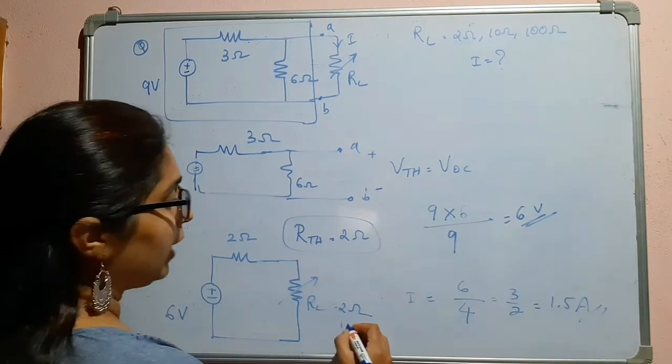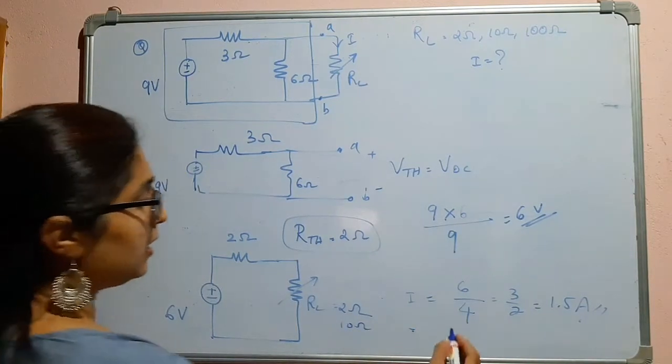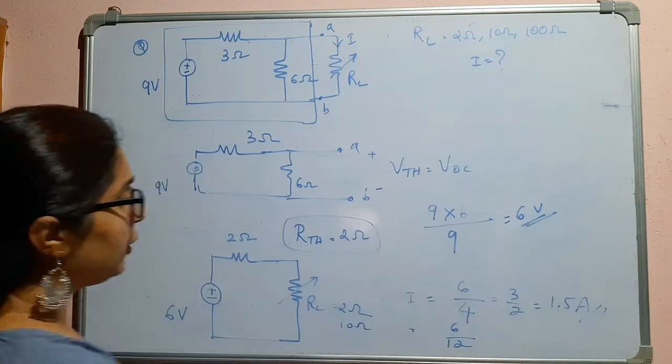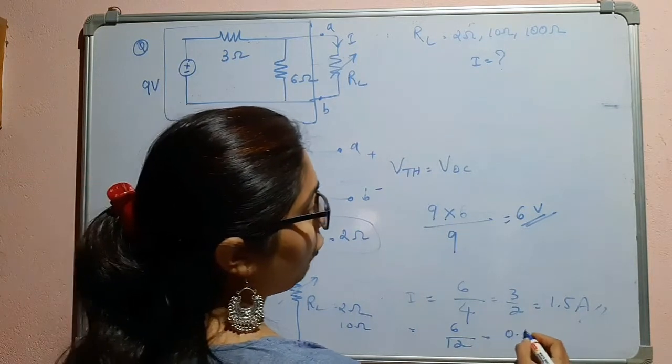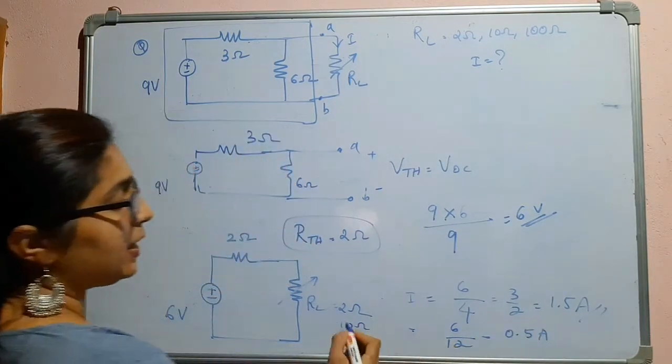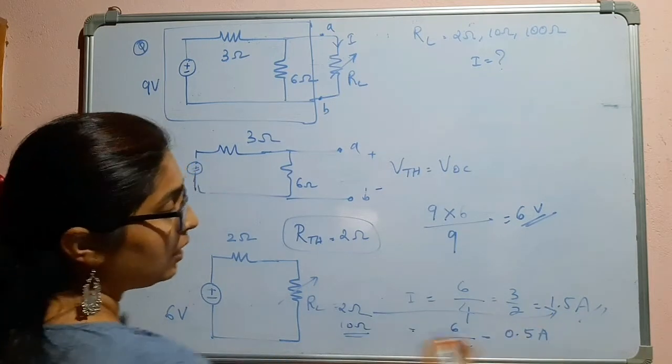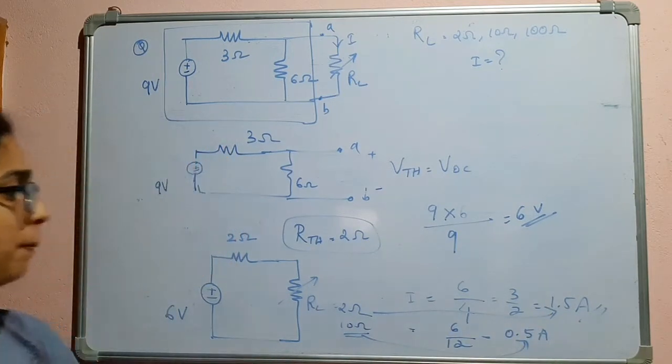Next, if I take 10 ohm, that will be 6 divided by 12, so that will be 0.5 ampere.